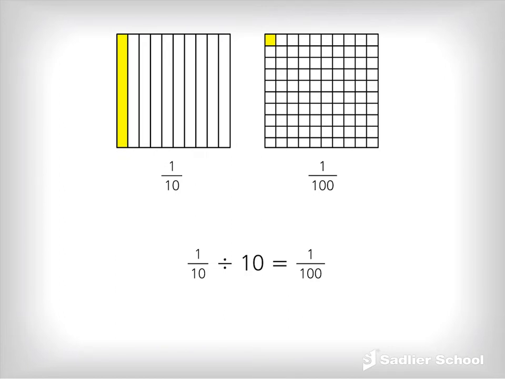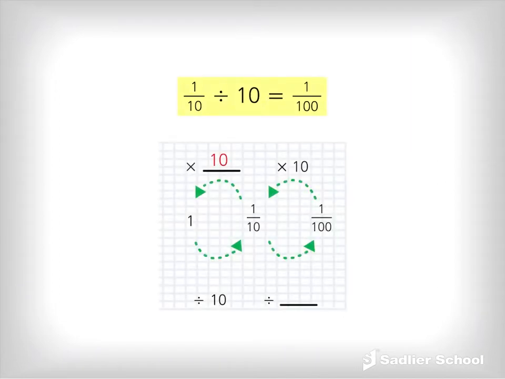Notice that the 1/100th model has 1/10 as much area shaded as the 1/10 model has shaded. Use the division equation to show how 1/10 and 1/100th are related. 1/10 divided by 10 is equal to 1/100th.